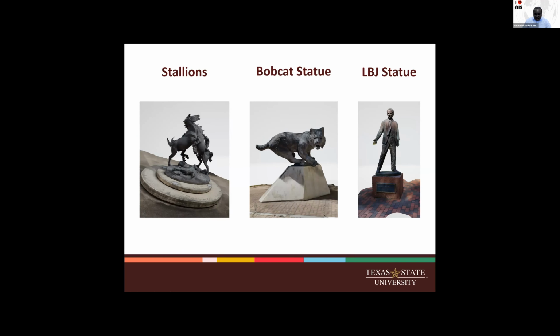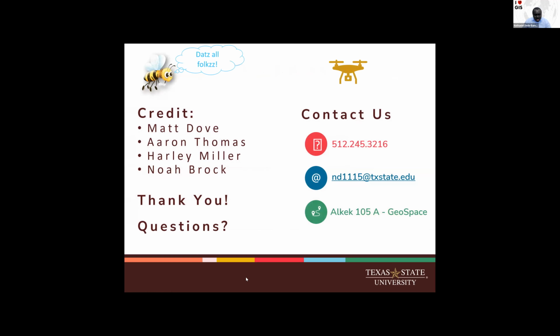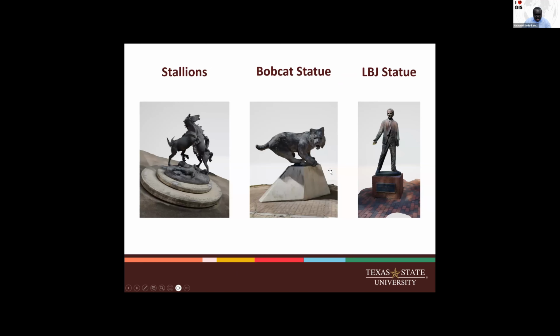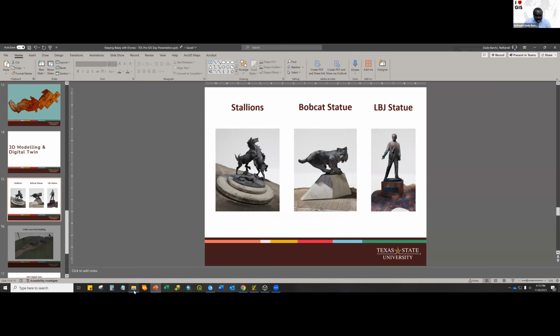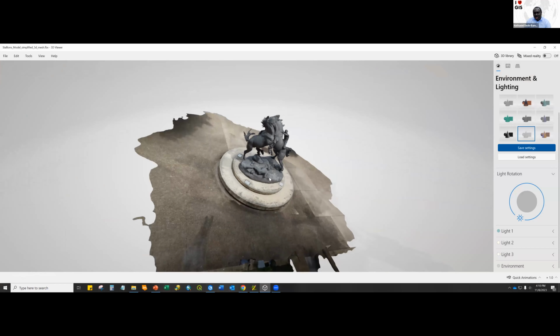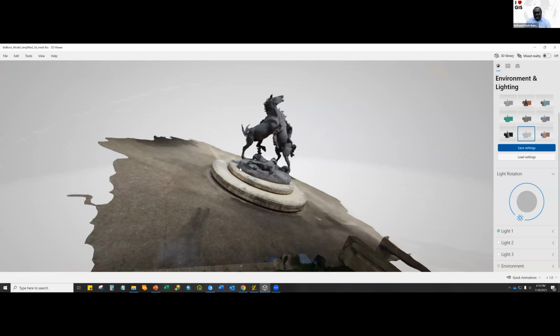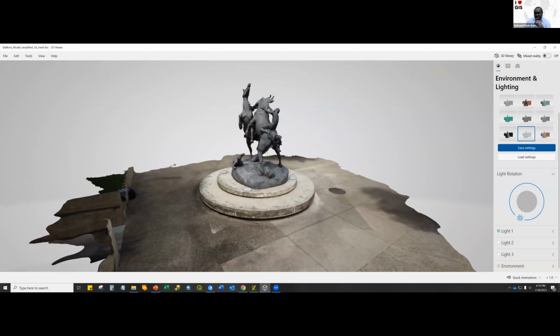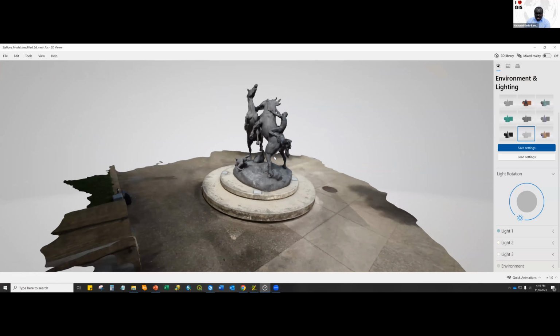So I'm going to show you this pretty quick. Let me go back over here. So the 3D model, this is the stallions. We flew the drone over it, and actually we used a very tiny drone, a DJI Mini 2.